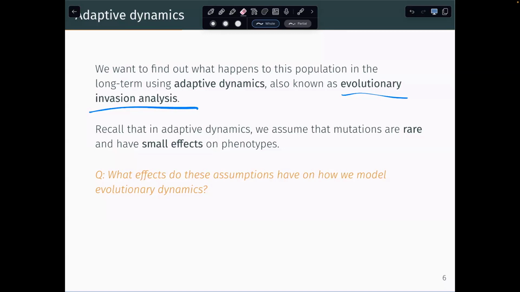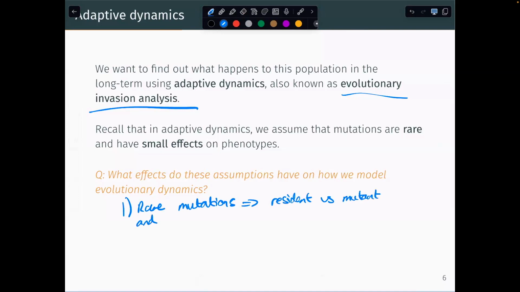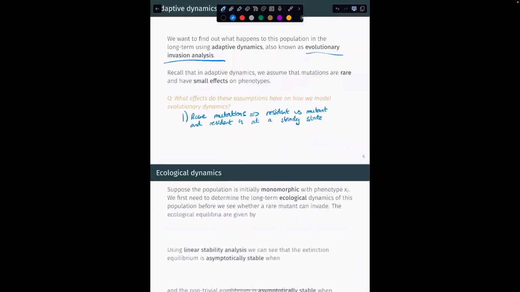So when we actually get to modeling this, rare mutations implies we're basically just competing residents versus a mutant, and the resident population is at a steady state. So this is this process of mutation, invasion, replacement.